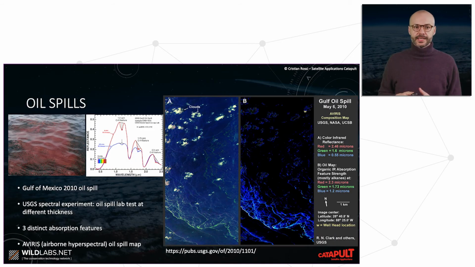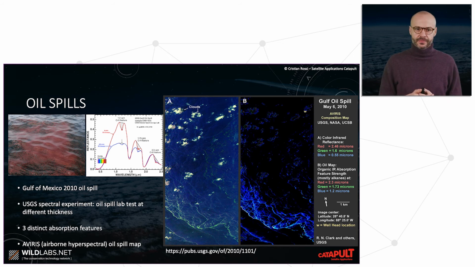If we move to the sea side, we can study oil spills, and we can also inspect oil spills. Oil spills can be studied both with optical and radar data. In this case, we see an example of optical data, where again we are looking at the spectral description of the oil spill, and this was an experiment that was done by the USGS.